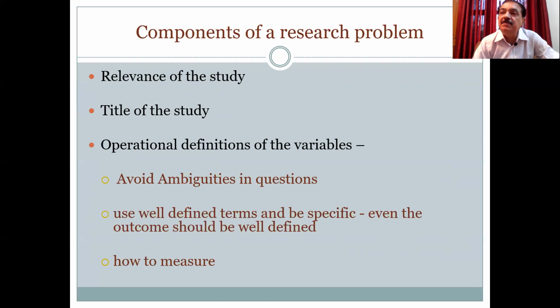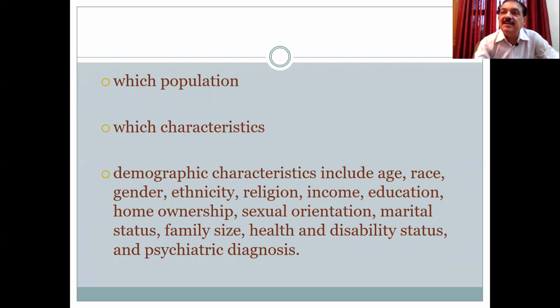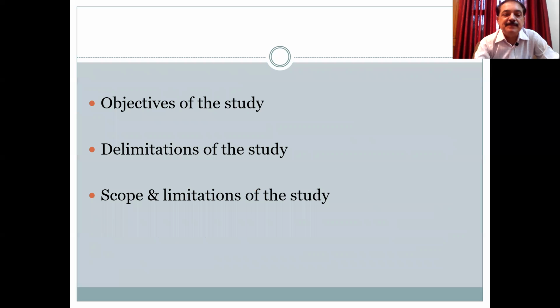Even the outcome should be well defined, how to measure it, which population you are taking, which characteristics you are considering. Demographic characteristics include age, race, gender, ethnicity, religion, income, education, home ownership, sexual orientation, marital status, family size, health and disability status, and psychiatric diagnosis.